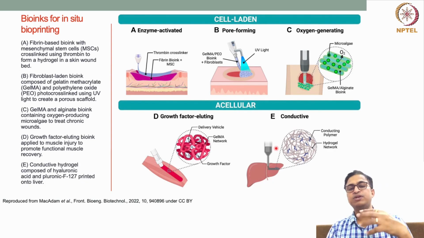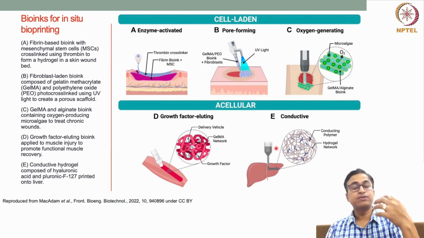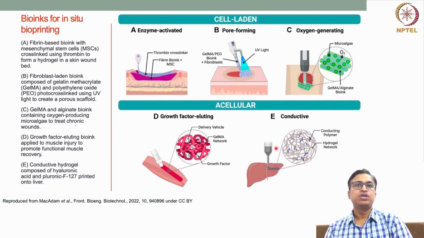At that temperature, collagen will not become insoluble again. That means collagen will not get solidified. But if we increase the temperature of that pH-adjusted solution to 37 degrees, the self-assembly of the collagen will happen and it will become cross-linked.